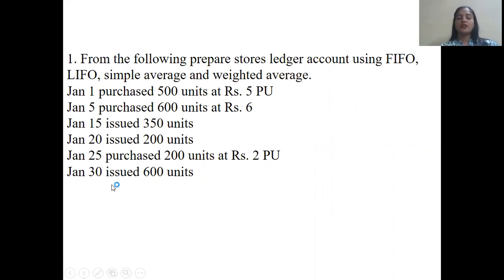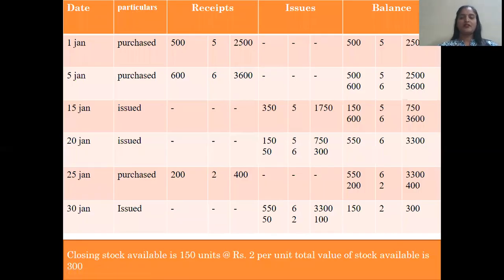Now, let us move on to the problem under the Fifo method. So here, on Jan 1st, purchased 500 units at the rate of rupees 5 per unit, amounted to 2,500, and after the purchase, immediately go for the balance 500 at the rate of rupees 5, amounted to 2,500.